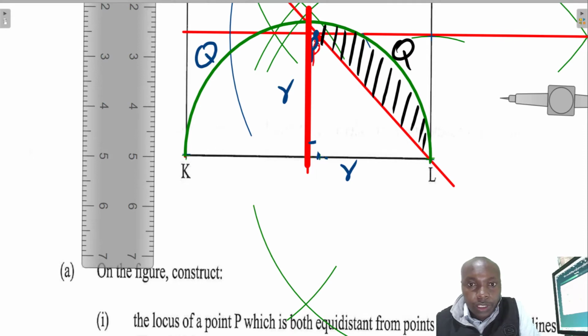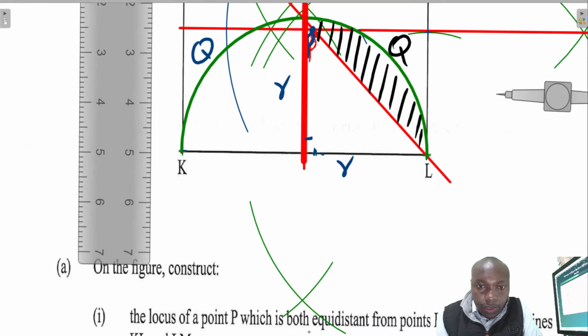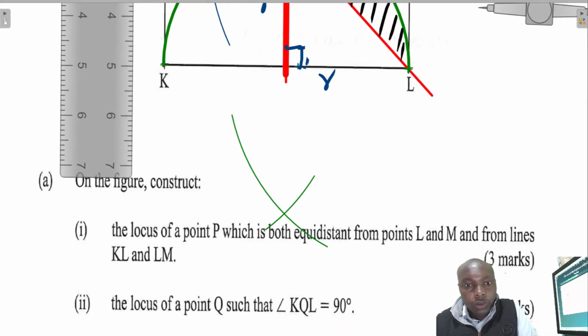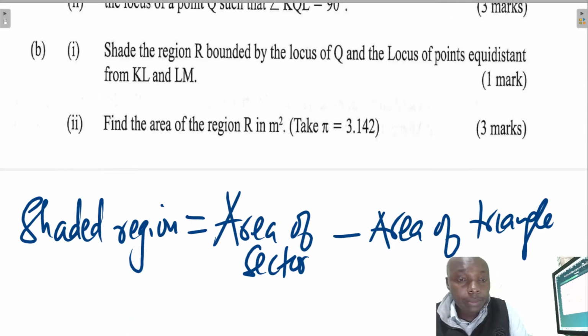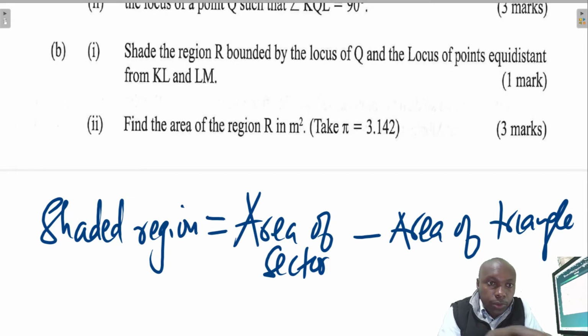You just take the measurement, and having known that this angle is 90 degrees, that is 90 degrees. If you want the exact measurements, I have tampered with the measurements because I've enlarged the diagram, so unless I measure, I'll just give a demonstration of how you're supposed to do it.